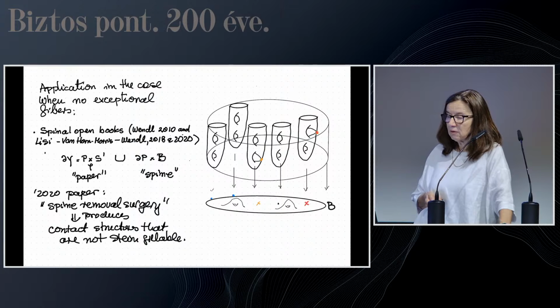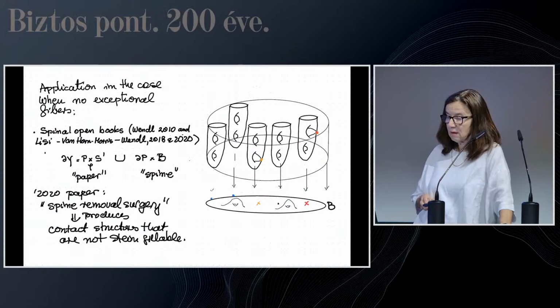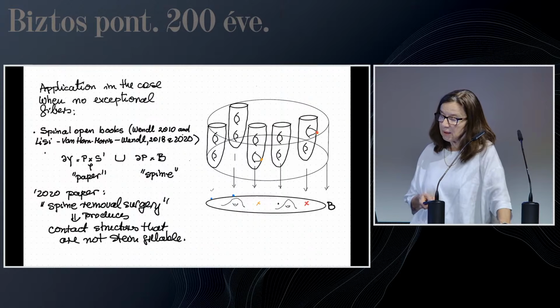On this boundary now we don't see an open book, because the base is not a disk anymore, but we see a surface with boundary with some genus.